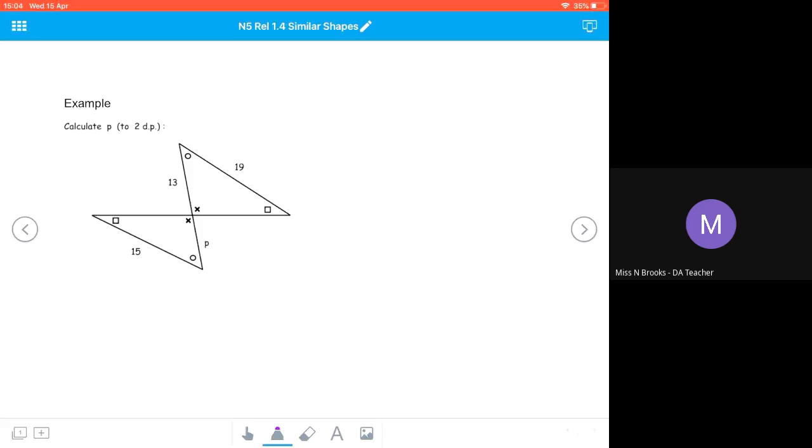So if we draw sketches of our two triangles, we've got P and 15 on one of the triangles. And then we've got 19. And we know that the x's are at the top of both of my triangles.